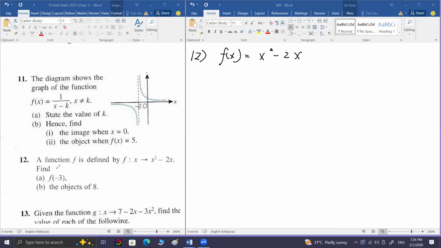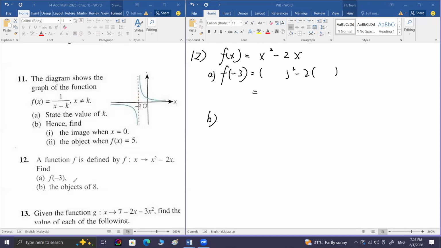Okay, so now it's quite easy. Find f(-3). This means, same as just now, when x is negative 3, all the x you apply with the negative 3. This actually means the image. Then just now I said find object, how?